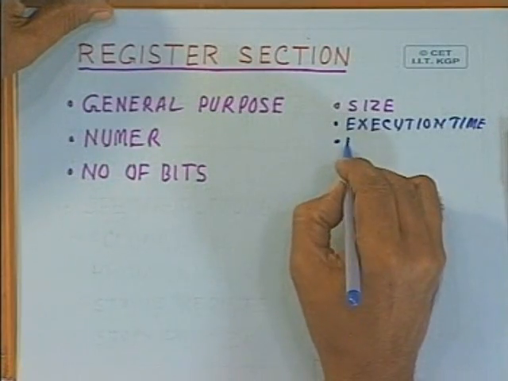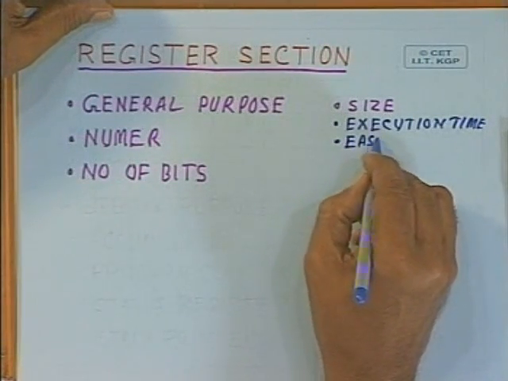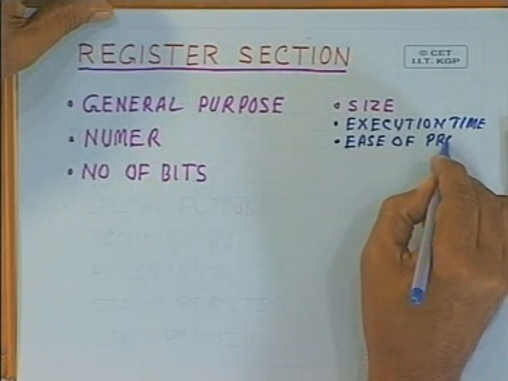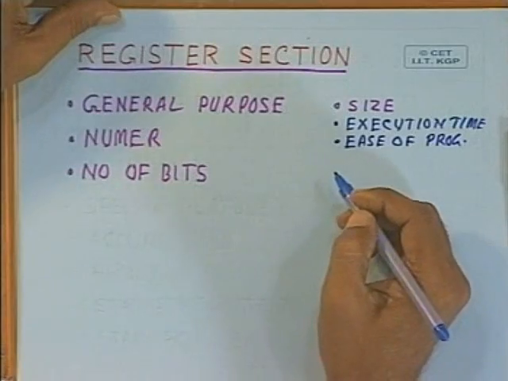And thirdly, ease of programming. Ease of programming will also be dependent on the number and type of general purpose registers that we will be having.